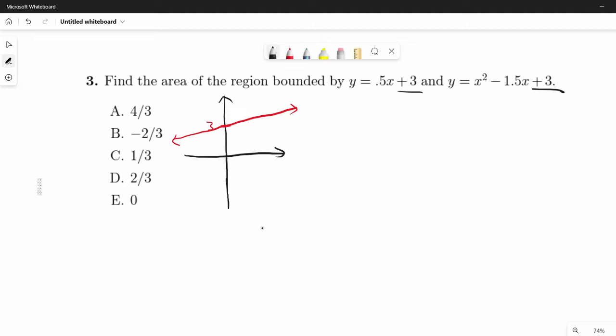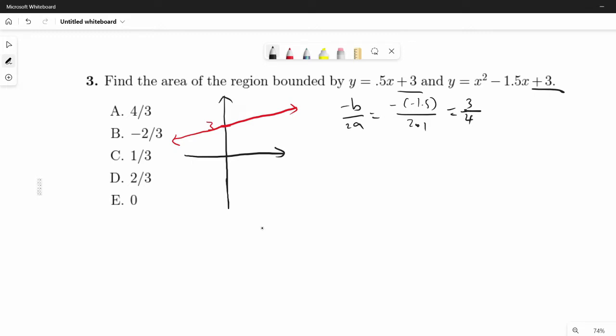Let's calculate the axis of symmetry, which would be negative b over 2a, which would be negative negative 1.5 divided by 2 times 1, which would be, what, 3 over 4?